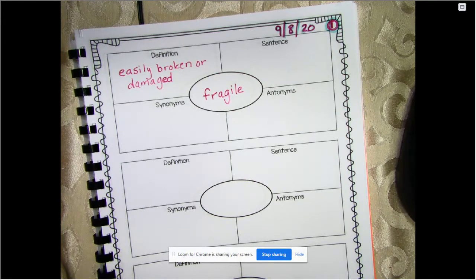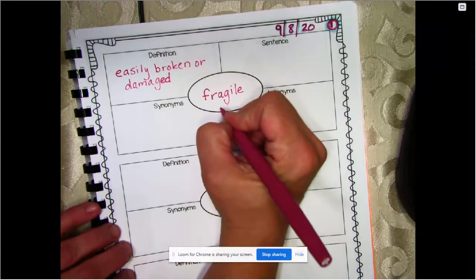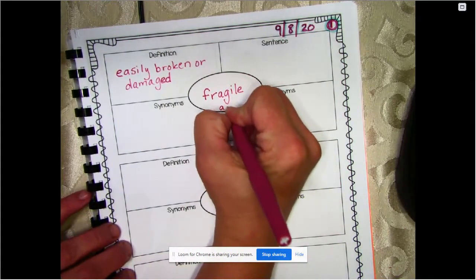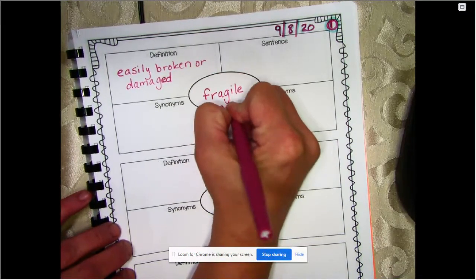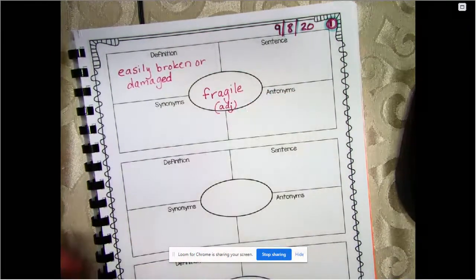So what part of speech do we call a word that describes the noun? What we would call that is an adjective. So we're going to write that down right here. It's an adjective. Fragile is an adjective.